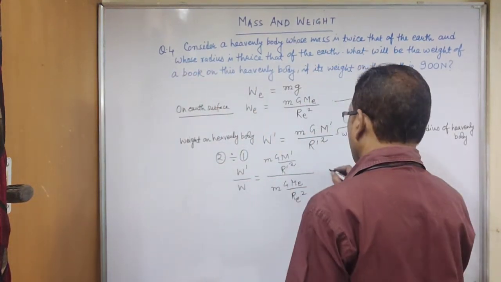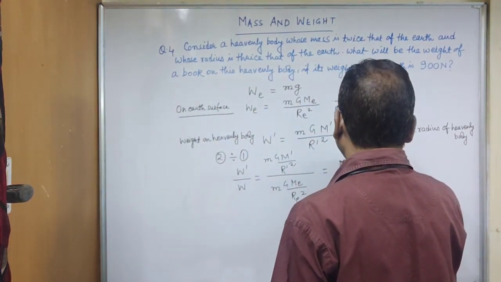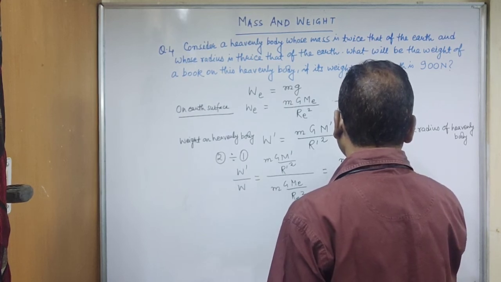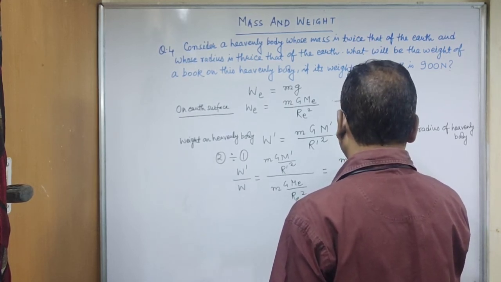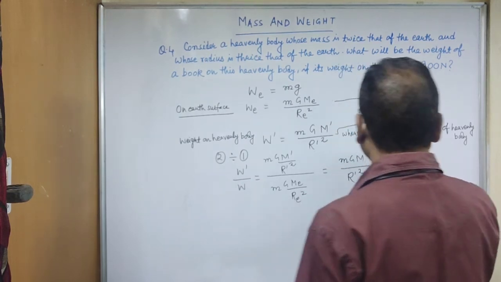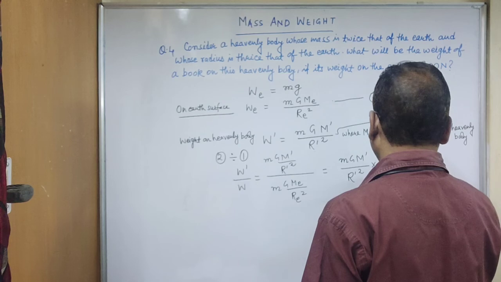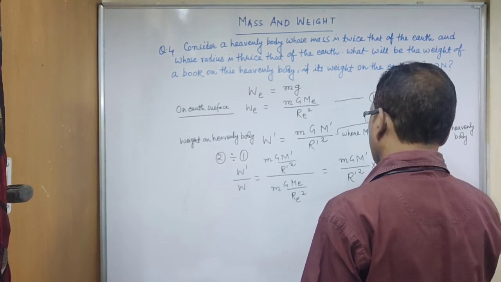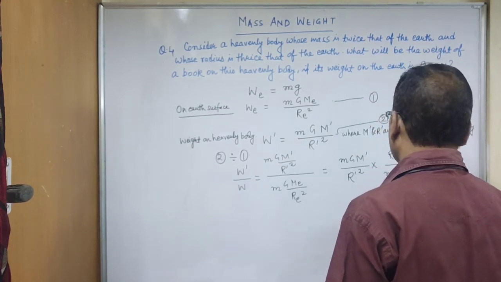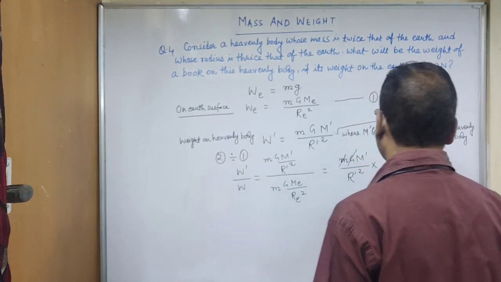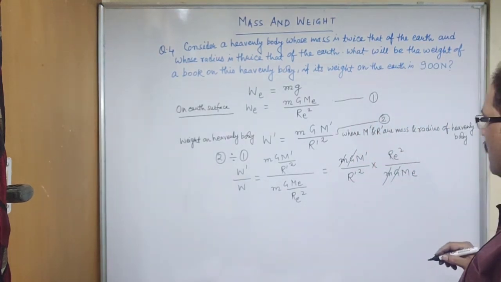Now this can be further written as m G M dash by R dash square into Re square by m G Me. So small m cancels, capital G cancels.